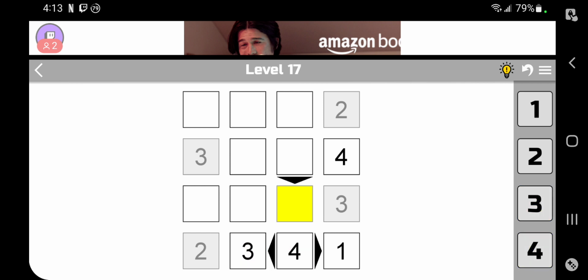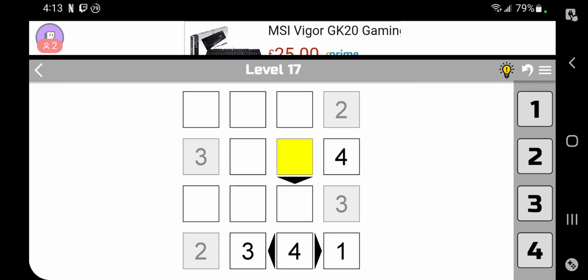Now, if we've got a 4 there, what are we missing from this? Well, let's have a look at this column here. Nothing there obvious. We're missing a 4 and a 1, but the rows don't restrict whether or not a 4 and a 1 can go in there. So let's have a look at this column again. We're missing a 3, a 2 and a 1. Now, the 3 can't go there because there's a 3 in the column.